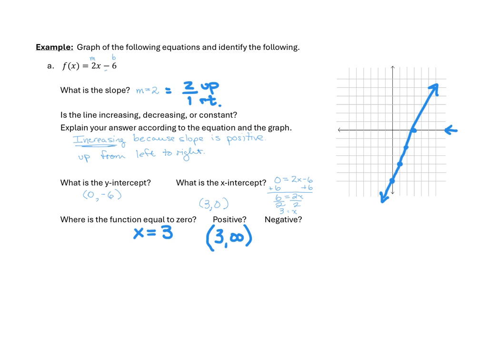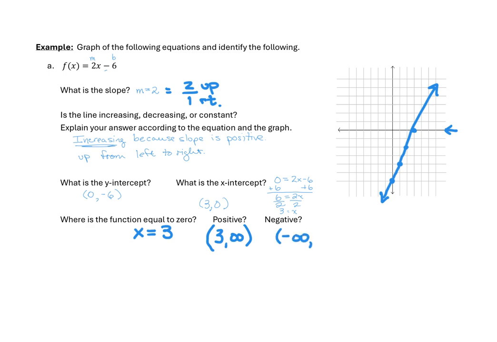The last thing that we want is we want to know where is it negative. We want to know where is it below the x-axis. We have our arrow down here that goes forever down and goes forever to the left. So that is going to be from negative infinity.